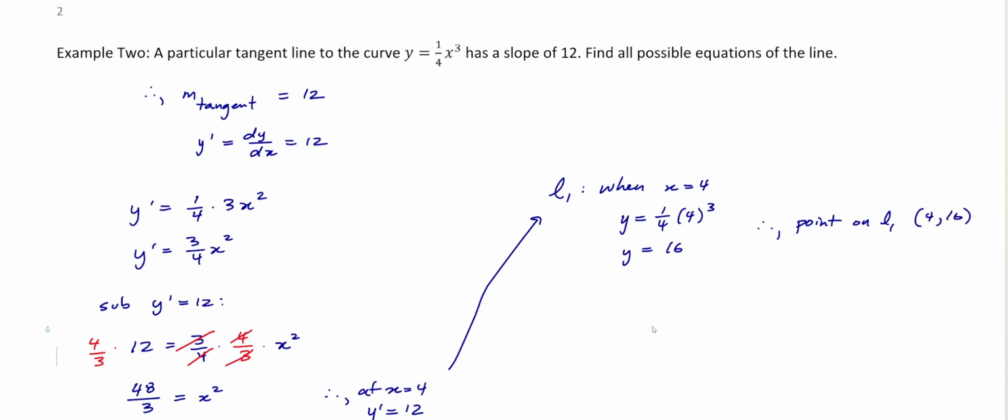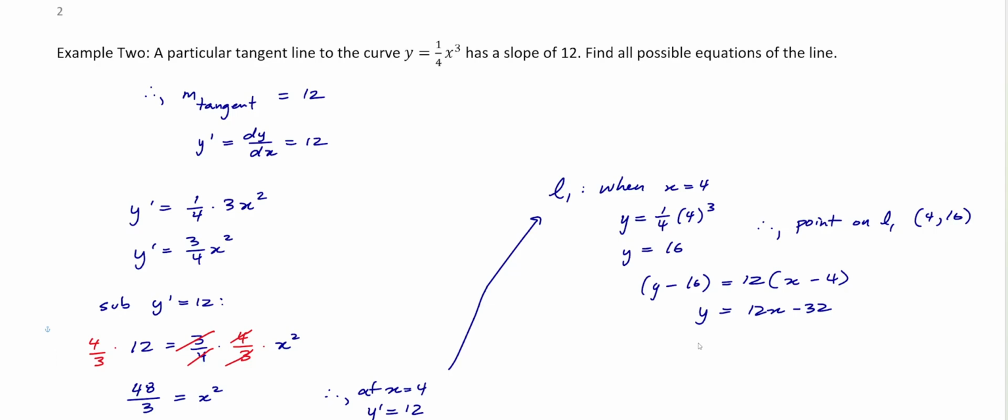To find the equation of that line, I'm going to use my point slope form. So y minus y1, 16. The slope, we already said, is 12. x minus x1, which is 4. Rearrange, isolate for y: y is equal to 12x minus 32.